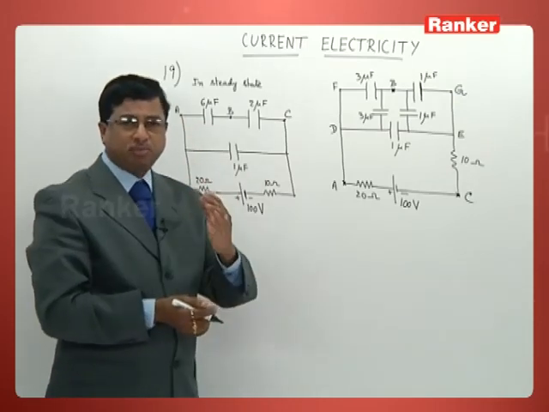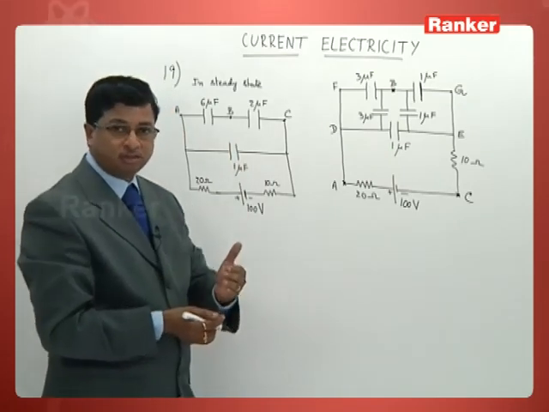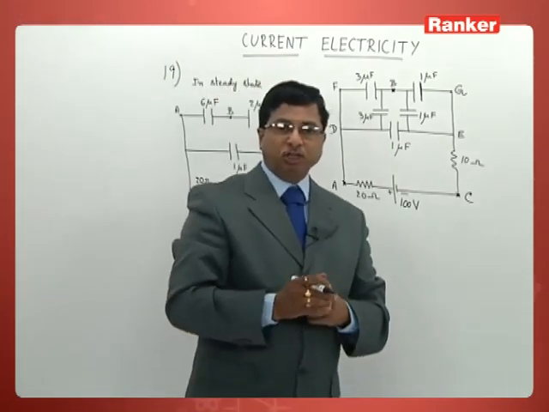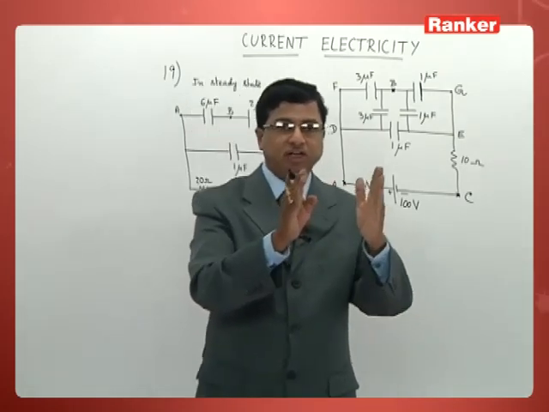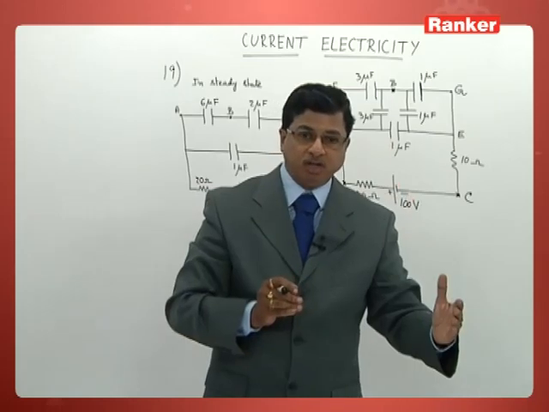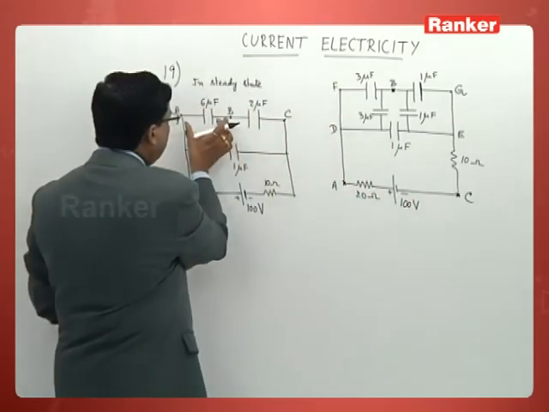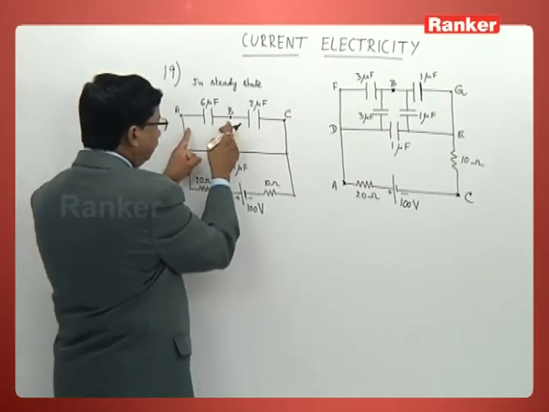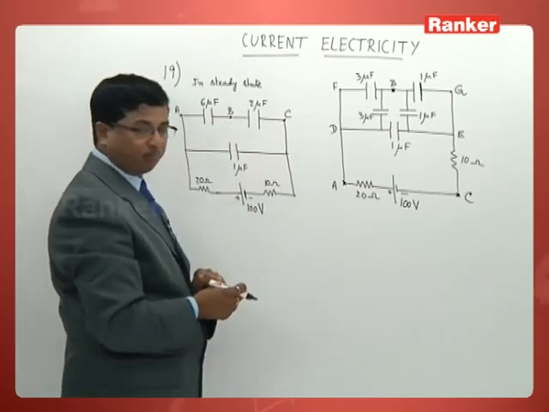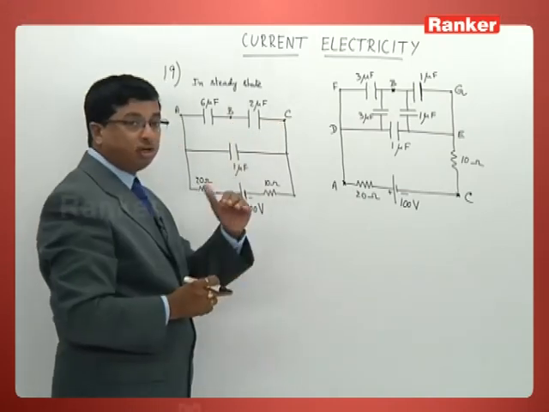Now it has become a very simple question. You just look now. You are finding very clearly 2 capacitors. One is of 6 microfarad, one is of 2 microfarad. Across this one, what is the potential difference? That is question 1. Across these 2 points, what is the potential difference?